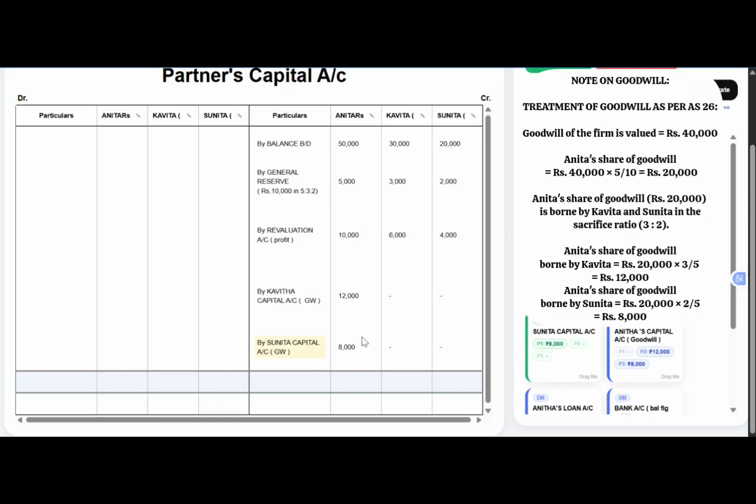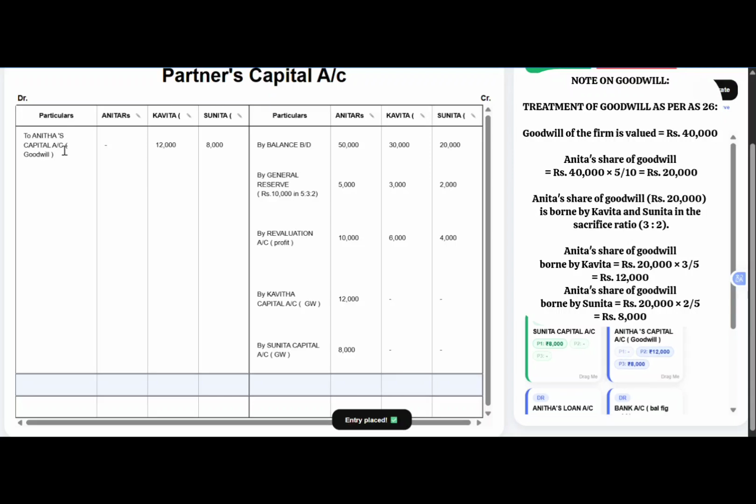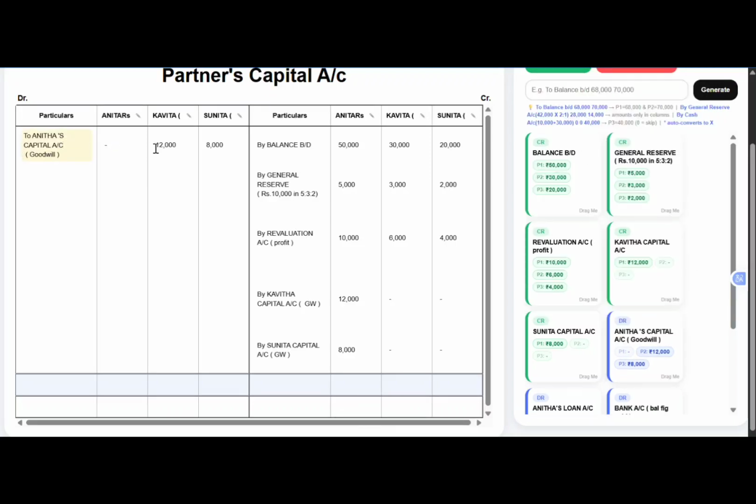Since Anita's goodwill is borne by Kavita and Sunita, we have to deduct it from their capital accounts. So here we are going to write it on the debit side as Anita's capital account. That is the goodwill which is to be given to Anita by Kavita rupees 12,000 and by Sunita rupees 8,000.